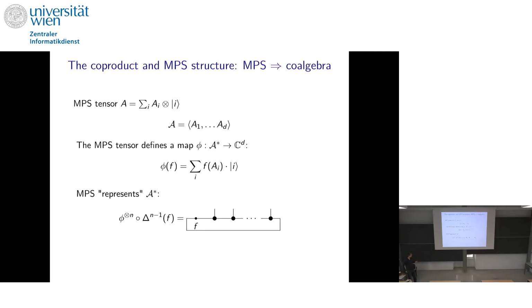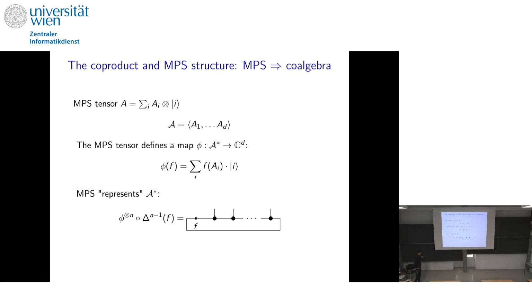If you take an MPS with an open boundary condition, so you're allowed to put any matrix when you close the boundary, then what you get is exactly the phi tensor acting on repeated coproducts of this algebra element.